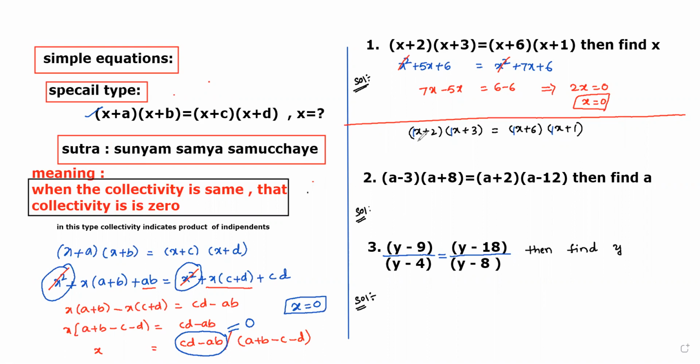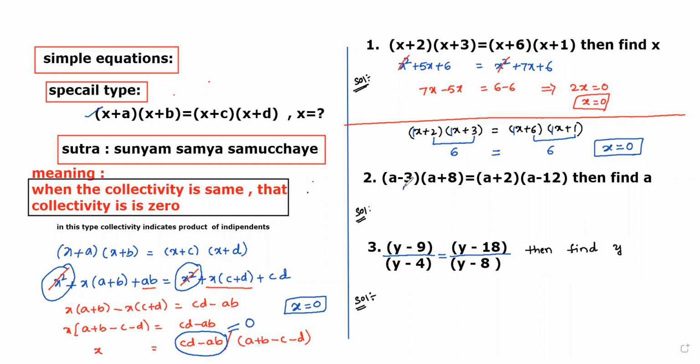So it is a simple equation. Why? Because if you multiply the x square terms, you will get x square on both sides. After that, you just have to take the products of the constant terms: 6, and here also you get 6. Both are the same, so by the sutra Sunyam Samya Samuchaya, we can take the x value directly as 0. Come to the next one.